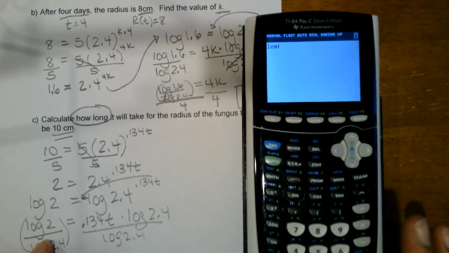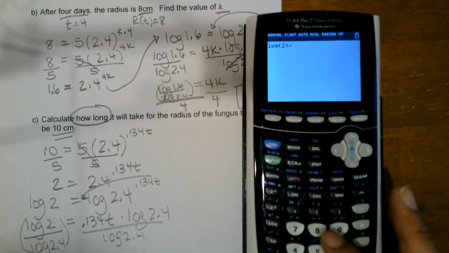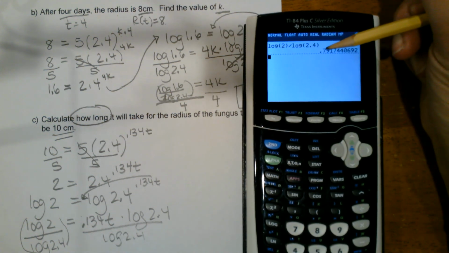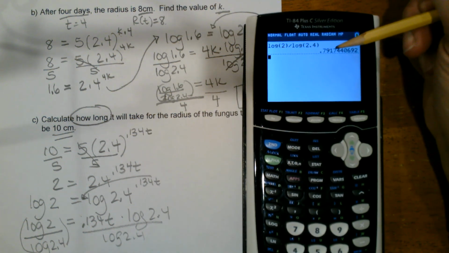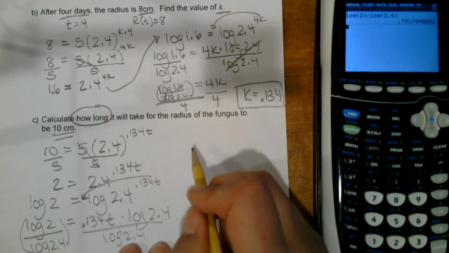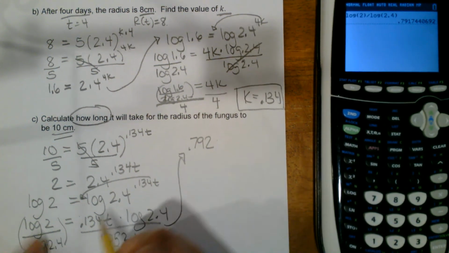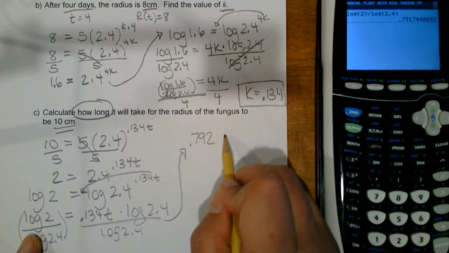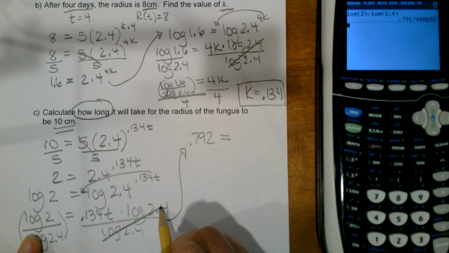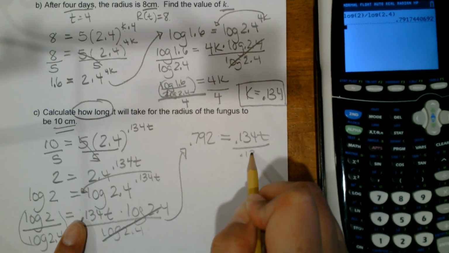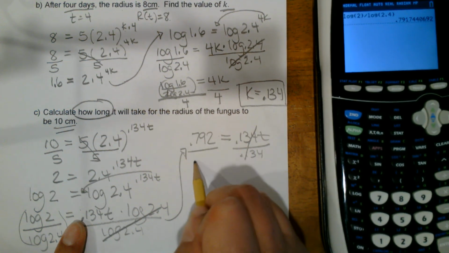We're going to do log of 2, close your parentheses, divided by log of 2.4, close your parentheses. That gives us 0.792. I just did this side, equals 0.134t, with the log divided out.